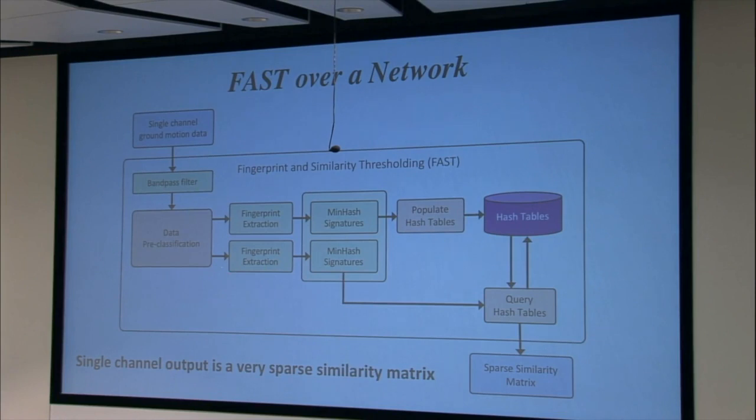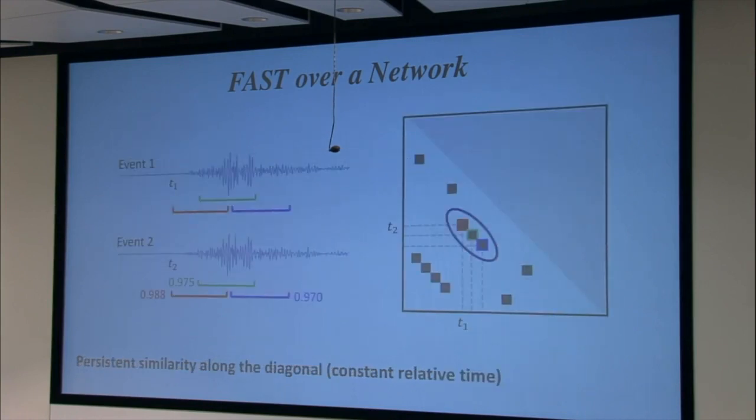So here's our flow chart of our algorithm as applied to a single channel. The output is a very sparse similarity matrix. We threshold the similarity and just save triplets: time 1, time 2, and the similarity measure. And we can do that over many channels.